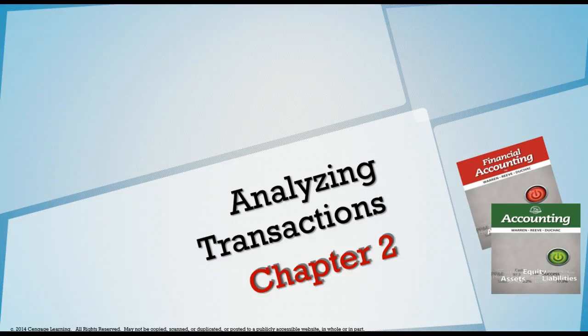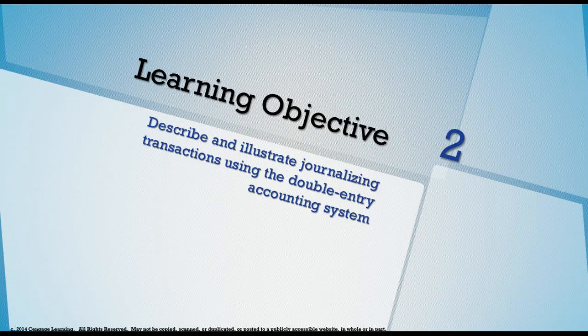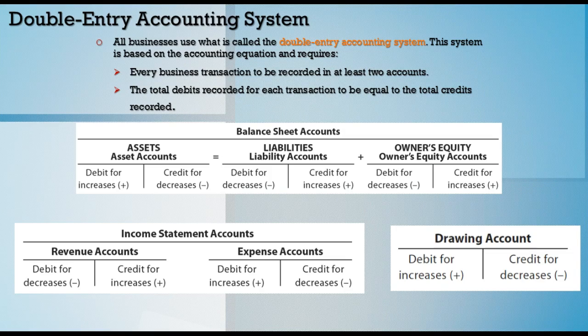Done. So now we're going to look at journalizing. And what the heck is a double entry accounting system? I bet everybody's asking that question, right? Okay, so a double entry system is if I debit my assets, I must credit something on this side.